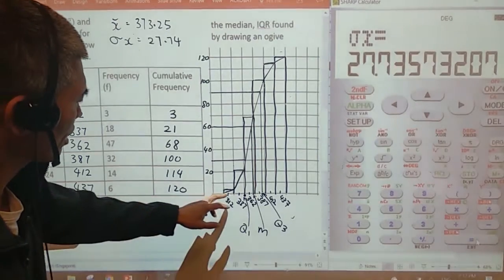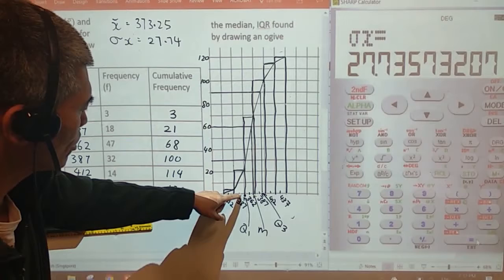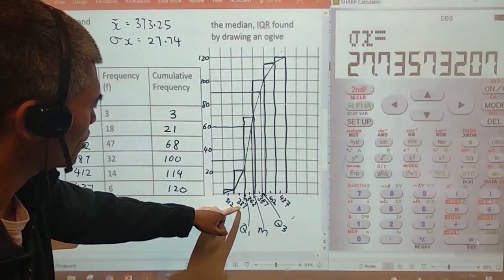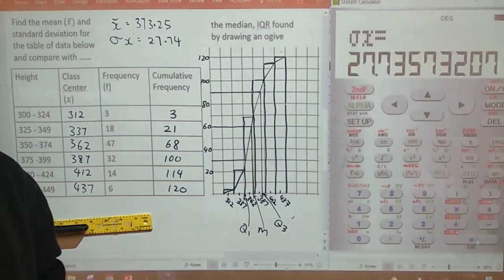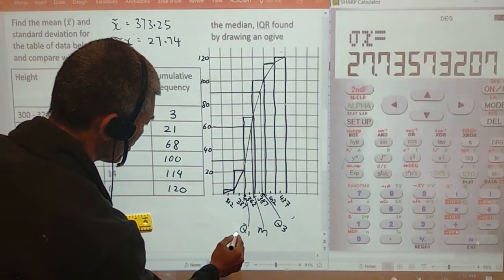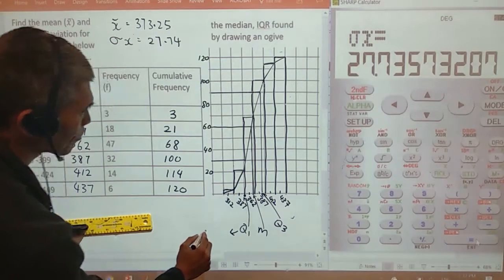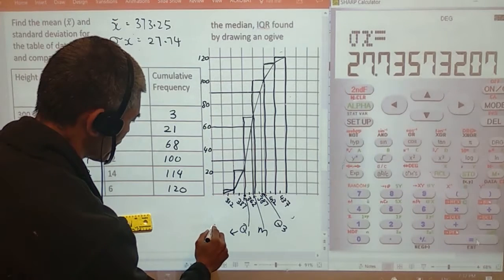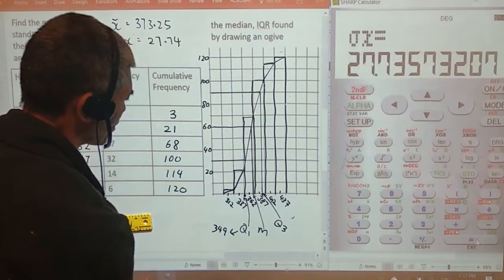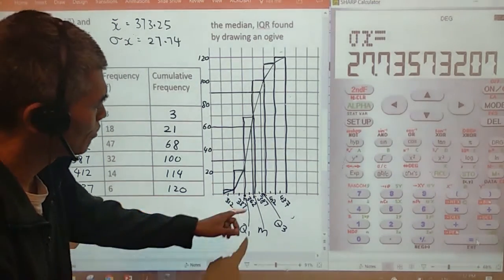Okay, so let's take a look. Our Q1 would be 12 from 312 larger than 337. So 12 plus 337 would make Q1 equal to 349. So Q1 would be approximately 349.